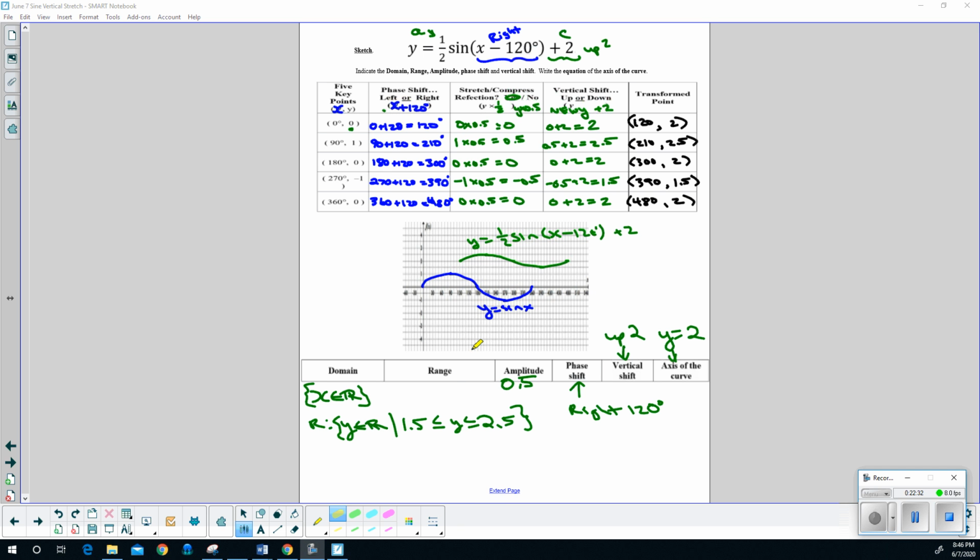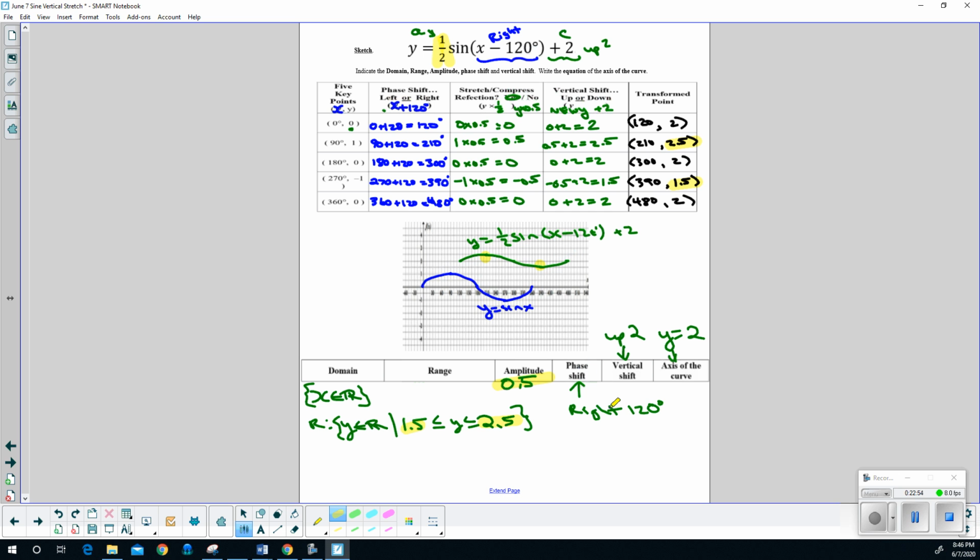So just in summary, let's all remember domain is always any real number. Range goes from my minimum, which I can read out of my dots, to my maximum, which I can also read out of my dots. My amplitude is how far off it is from the axis of equilibrium, but you can also read that straight out of your equation.